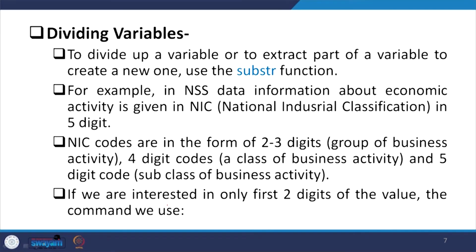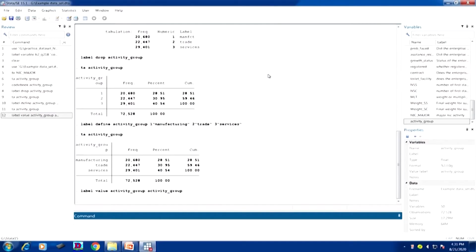Now, this is also important: dividing a variable is also quite important in STATA, and that too in the databases that are available. To divide a variable or to extract part of a variable to create a new one, use the substring function. Let me tell you very clearly, I have already guided you that our data comes with the NIC classification.